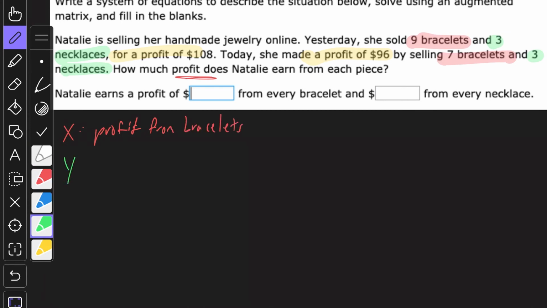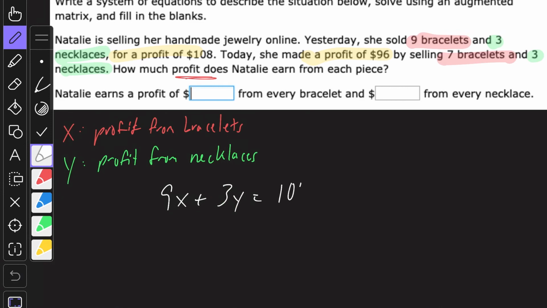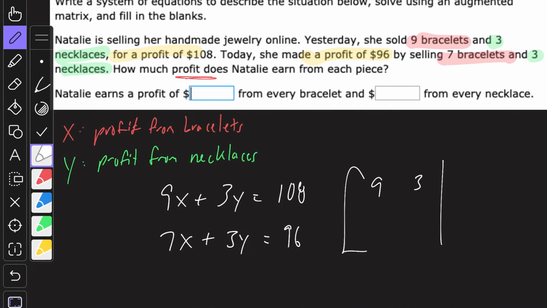And then y would be profit from necklace. So we see that she did 9 bracelets and 3 necklaces, and that made her $108 in profit. And then she got $96 in profit from 7 bracelets and 3 necklaces. And so as a matrix, that would be 9, 3, 108, and then 7, 3, 96. And we'll type that in, see what we get.